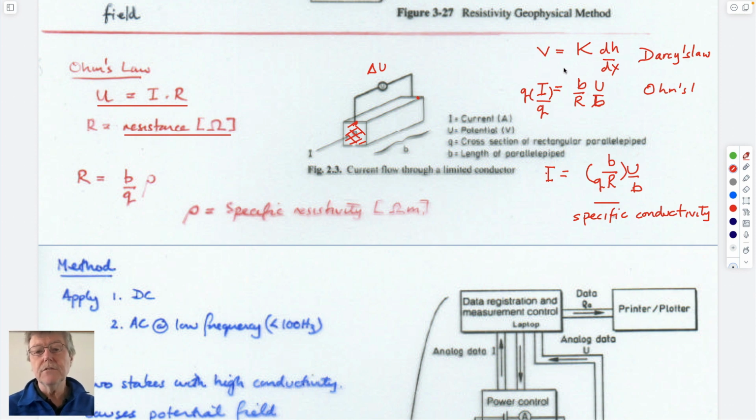So this is hydraulic conductivity. It's the measure of the bulk properties of a porous medium in terms of its transmission characteristics of fluid. So this is the electrical properties of a porous medium, not a resistor, defined in terms of its resistance, the length of the sample, and the cross-sectional area of the sample. So specific conductivity is the reciprocal of specific resistivity, and the units in which it's measured is in ohm meters.